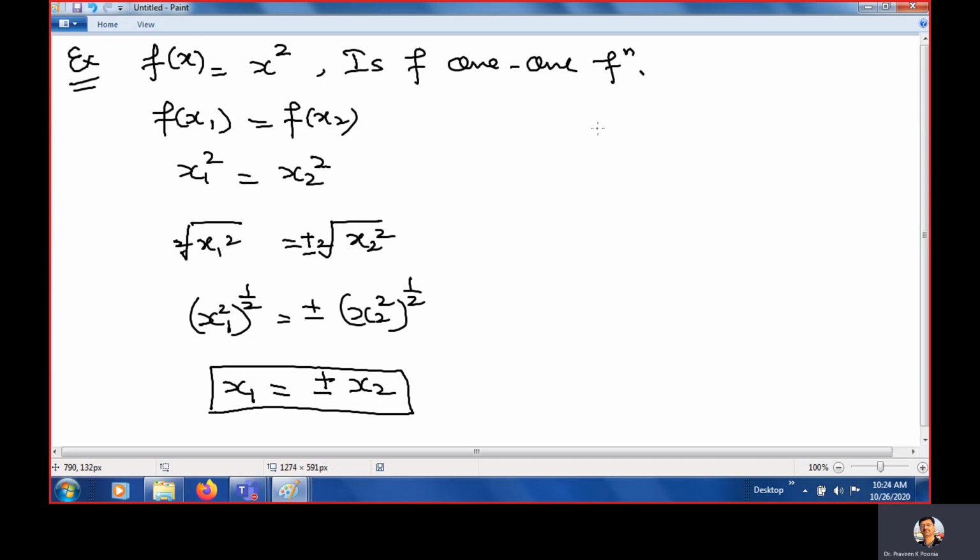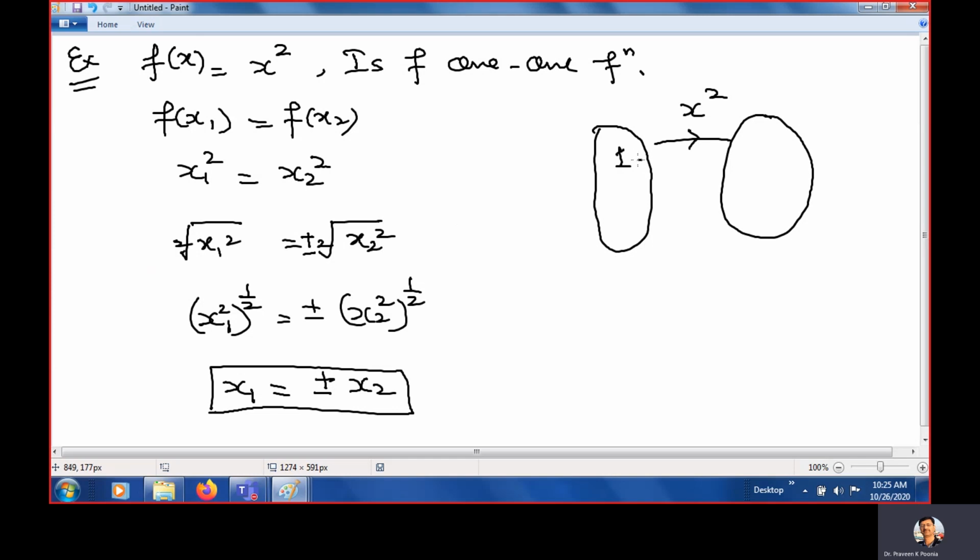That means, for example, if I take this function here, clear. So what will it be? The function is x power 2. If I take 1, what is the answer? It is 1 power 2 and the answer is 1.